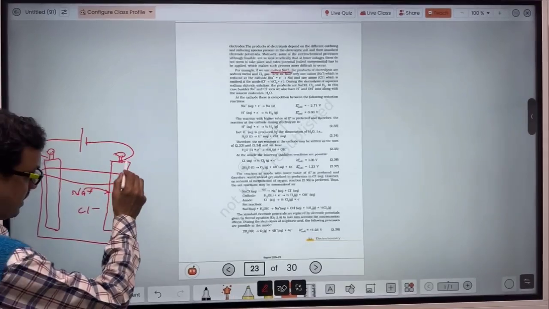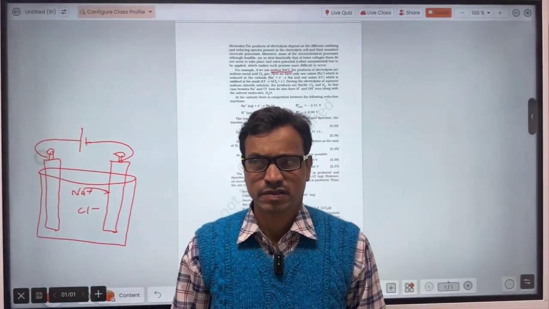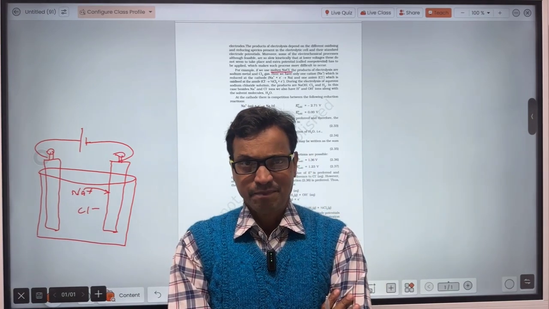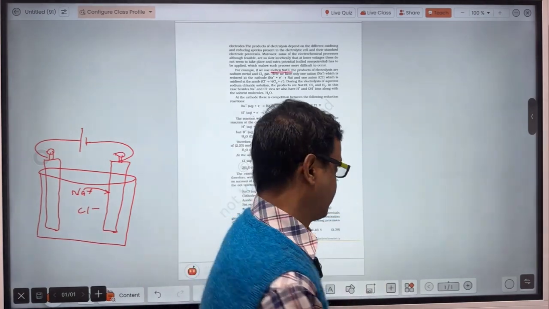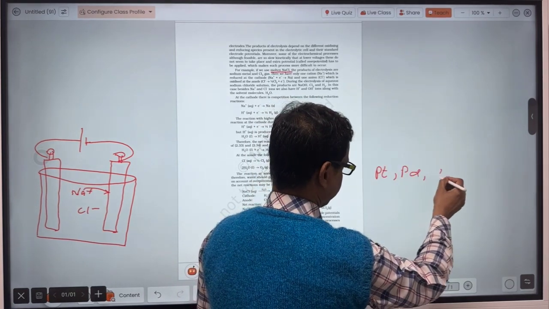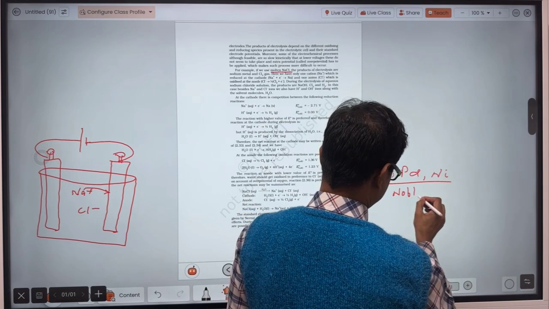But these electrodes are usually inert, that means we take noble metals: platinum, palladium and nickel. They are called noble metals.